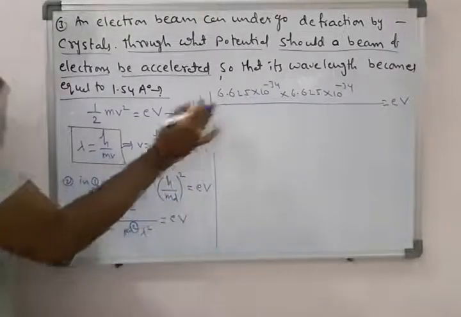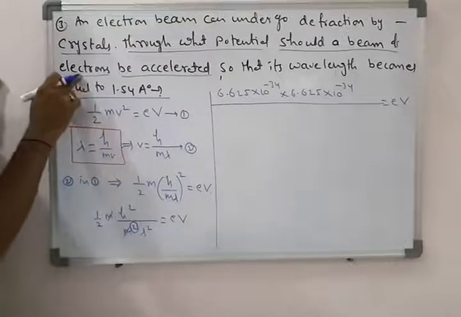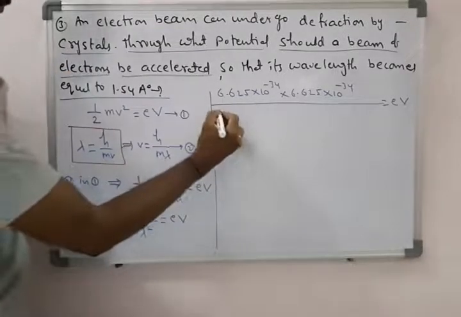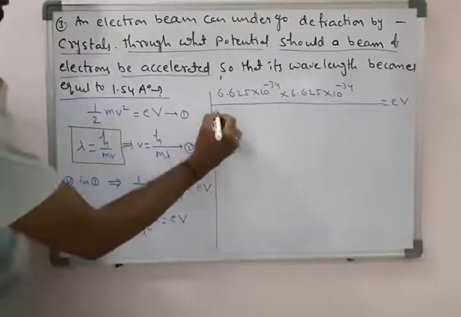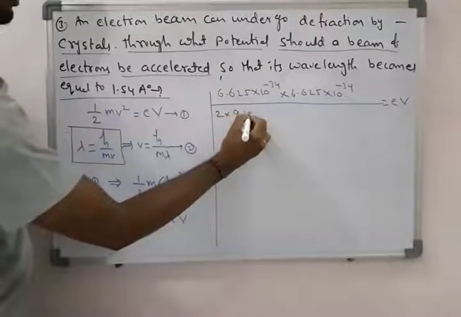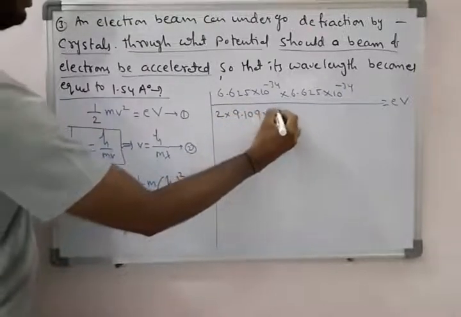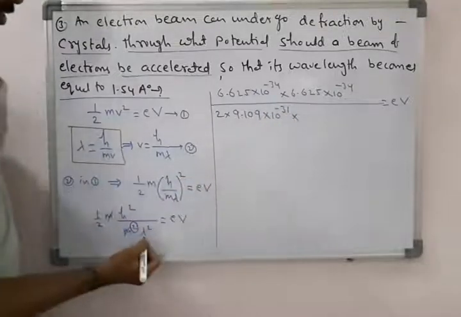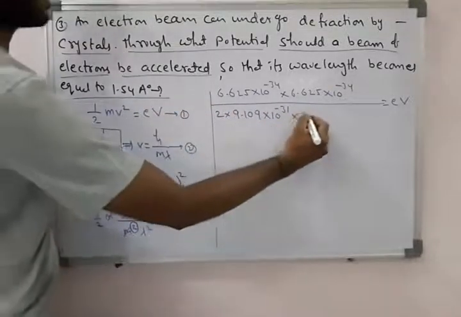What is the mass? We are passing the electrons, so we know the electron mass; the 2 is there. So what is the lambda? 1.54 angstroms.